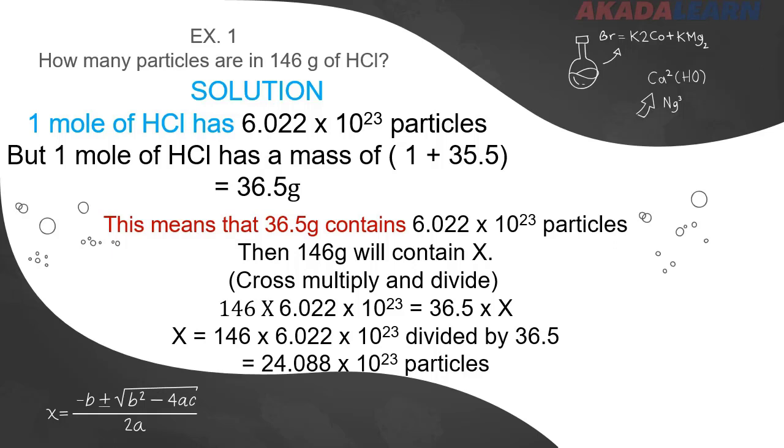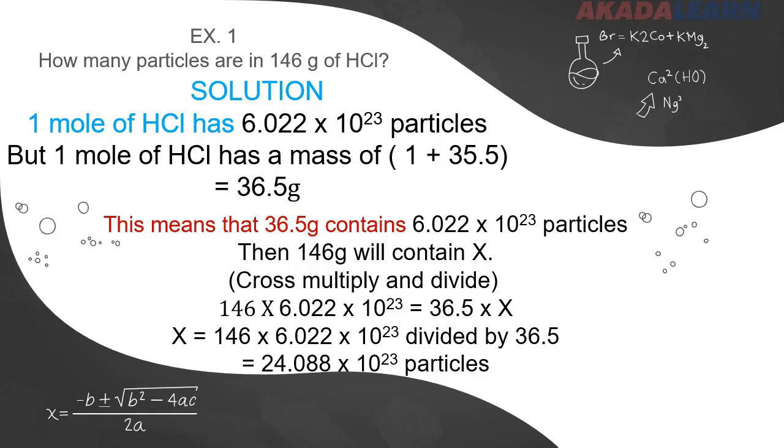If we now cross multiply and divide, we are going to have 146 times the Avogadro's number, 6.022 times 10 to the power 23, which will now be equal to 36.5 times X, that unknown.